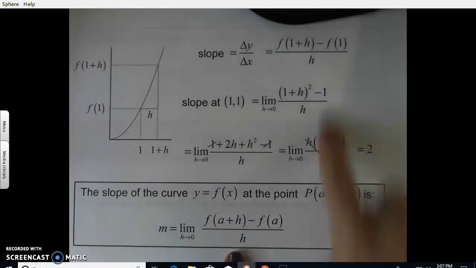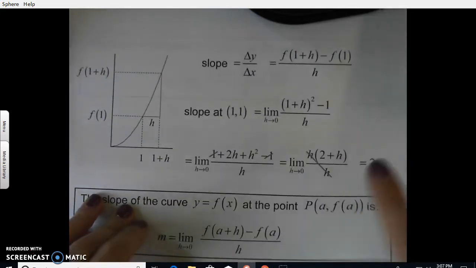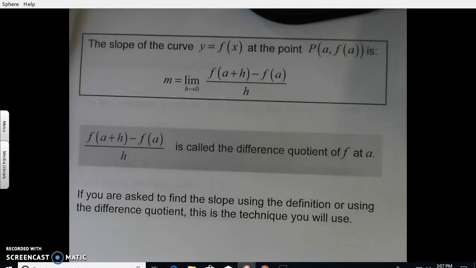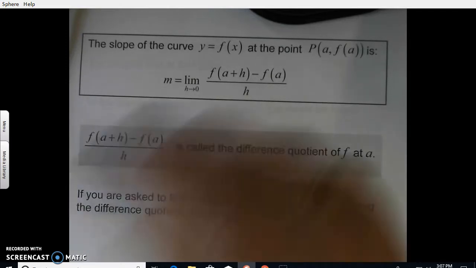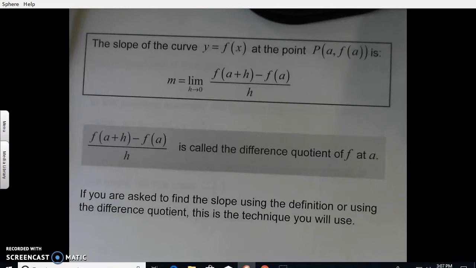So that's what we just proved here. That's the definition we just said, and this is called the difference quotient of f at a. So if you are asked to find the slope using the definition or using the difference quotient, this is the technique that we will be using.